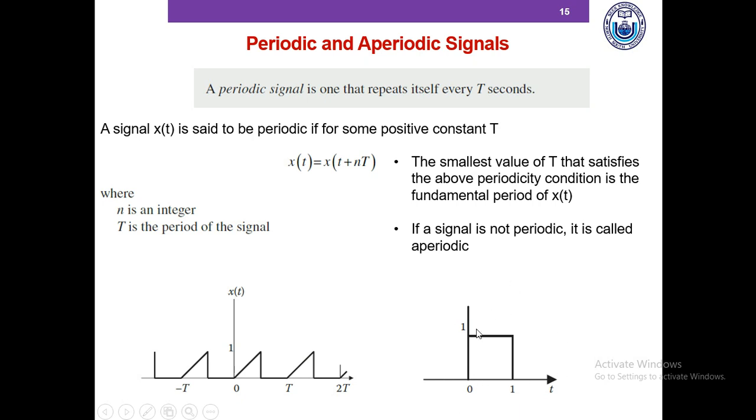This is basically a rectangular pulse that only exists between 0 and 1, and beyond 1 and below 0, the function is 0, and this rectangular pulse pattern does not repeat left and right, which is why it's an aperiodic signal. The smallest value of T that satisfies the above periodicity condition is the fundamental period. And if a signal is not periodic, such as this one, it's called an aperiodic signal.